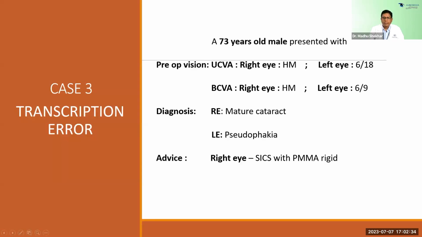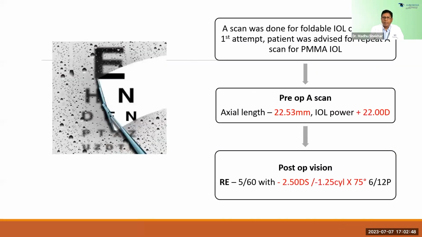This is a third case, a case of transcription error, where a patient was diagnosed with mature cataract in the right eye, and it was planned for SICS with PMMA IOL in the right eye. While doing the A scan for that eye, in the first attempt, the A scan was done only for foldable IOLs, not for PMMA IOL.